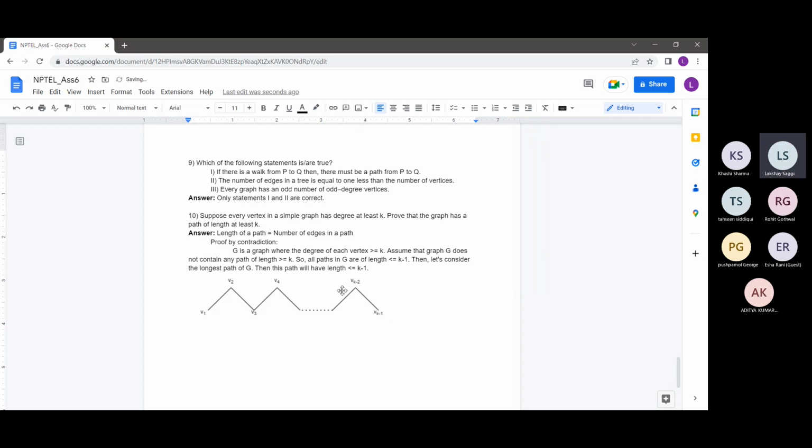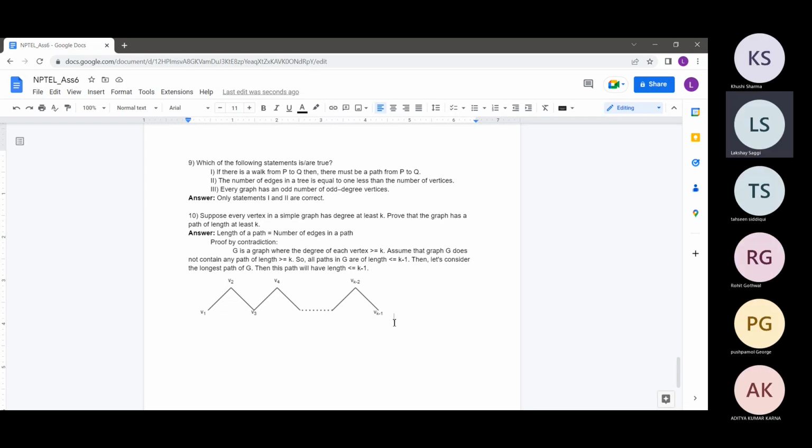I've pasted a diagram here. Let's say this was the path in that graph. I think I have written one less edge, but I don't think that will matter.